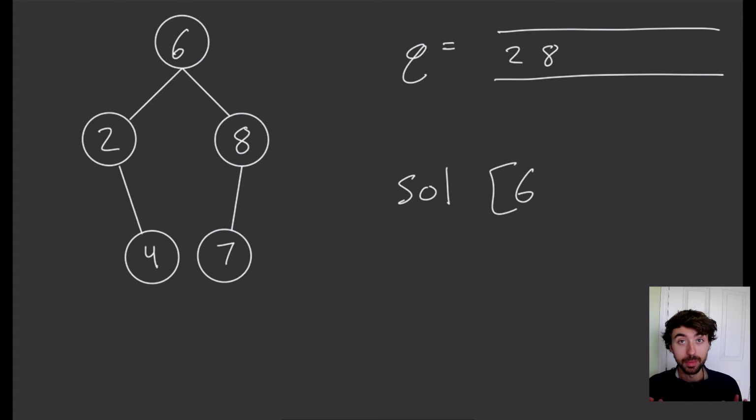Now what usually happens next in a level order traversal is we pop our next value, which is the 2. We process it and ask, what children does it have? It has a 4 as its child, so we add the 4 to the queue.